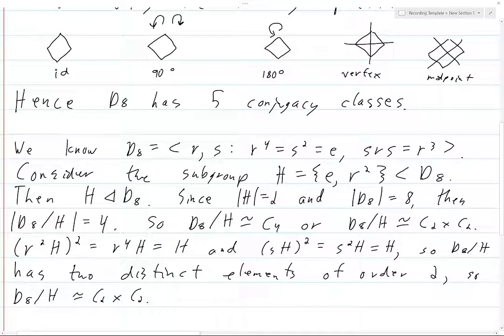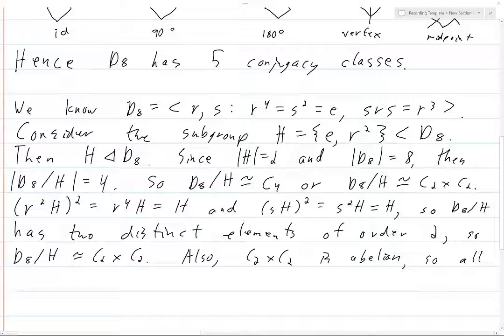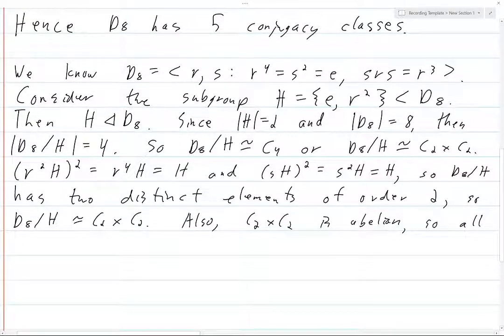Also, C2 cross C2 is abelian. Right, C2 cross C2 is abelian. So now let's actually start thinking about things that could help us make our character table.